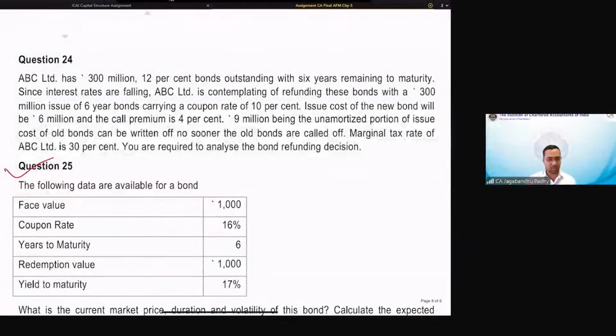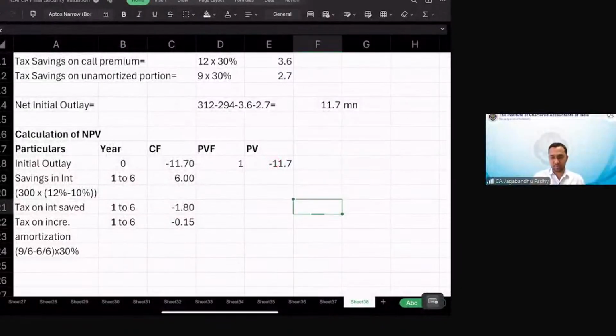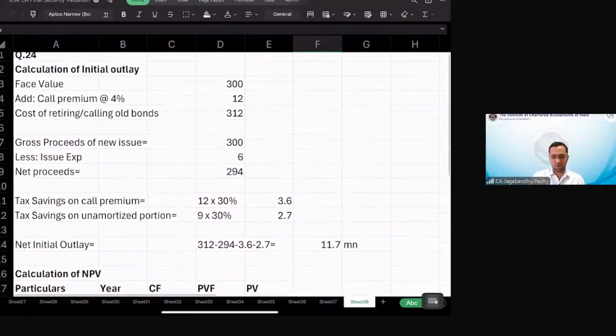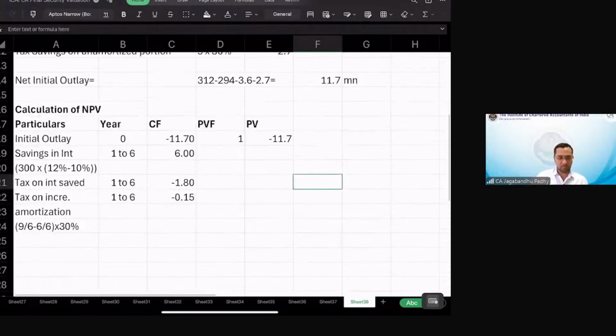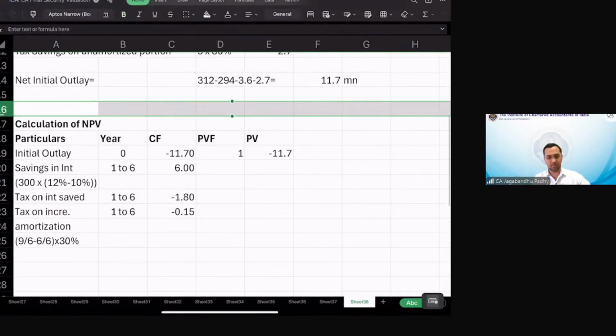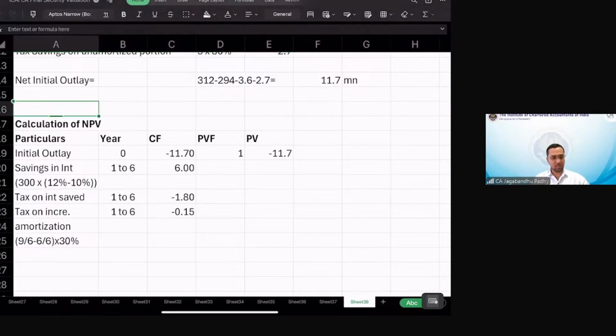Now for the PV factor, at what rate should I calculate the PV? Obviously, I need to calculate the cost of debt. What will be the cost of debt?